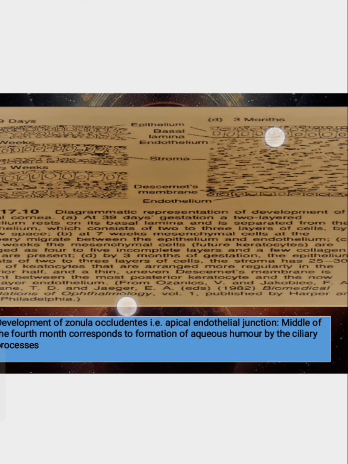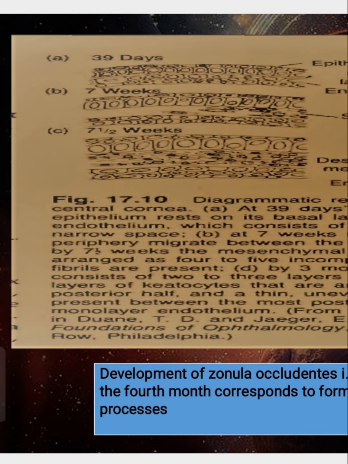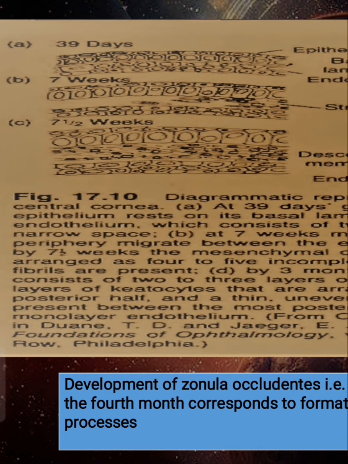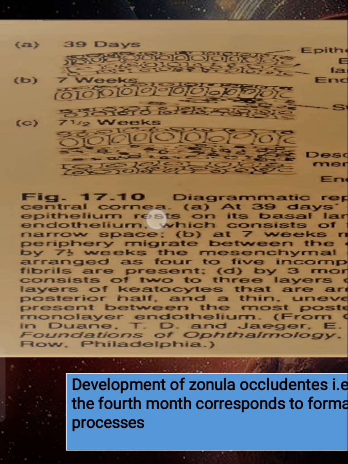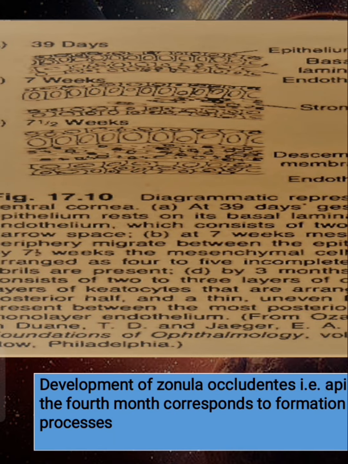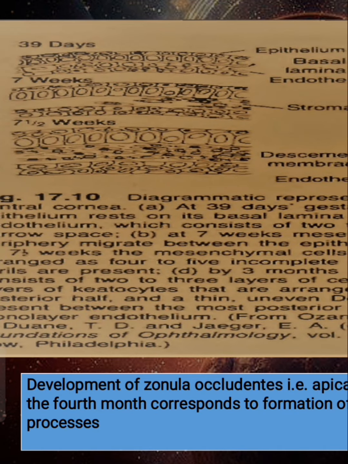Now coming back to this diagram, it is showing the development of the cornea at various stages during the embryonic and the fetal life. So picture A is showing the development of the cornea at 39th day of the gestational age. On 39th day of gestational age, you can see here the epithelium is two-layered, and there is a narrow space between the epithelium and the endothelium.